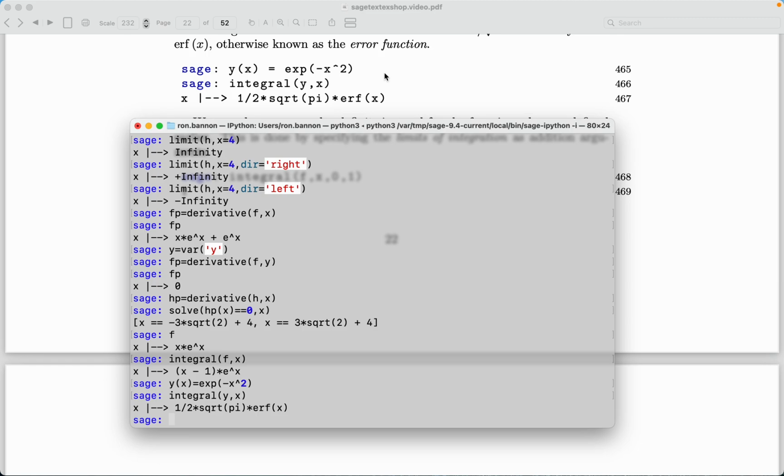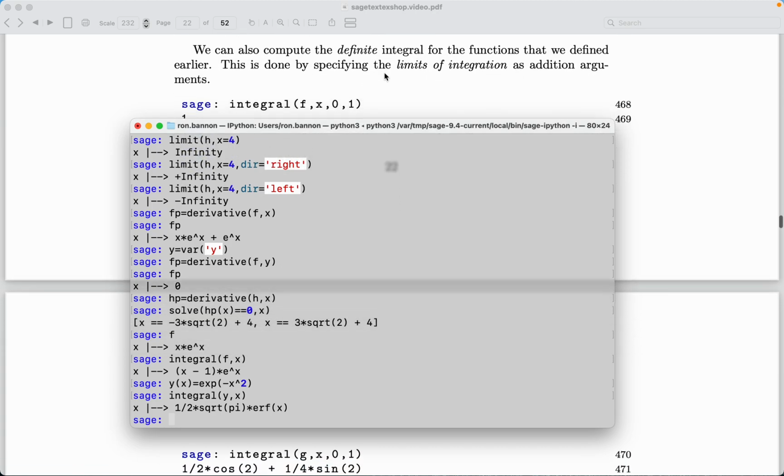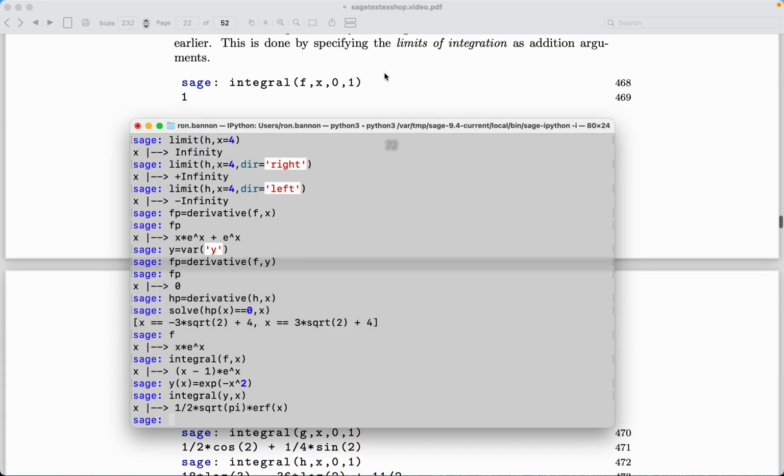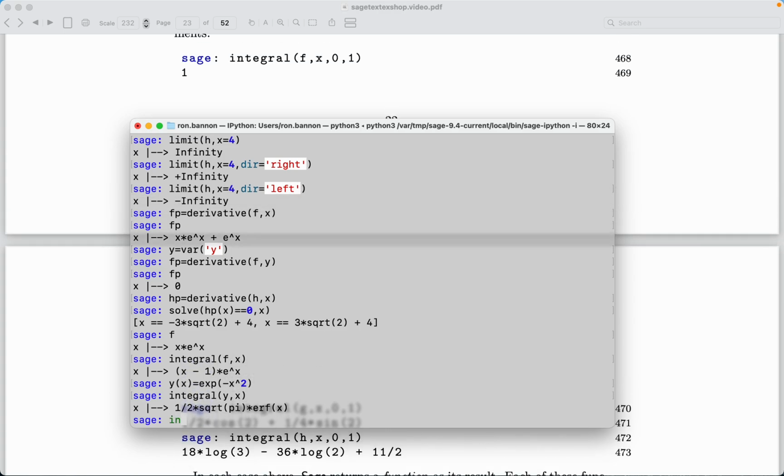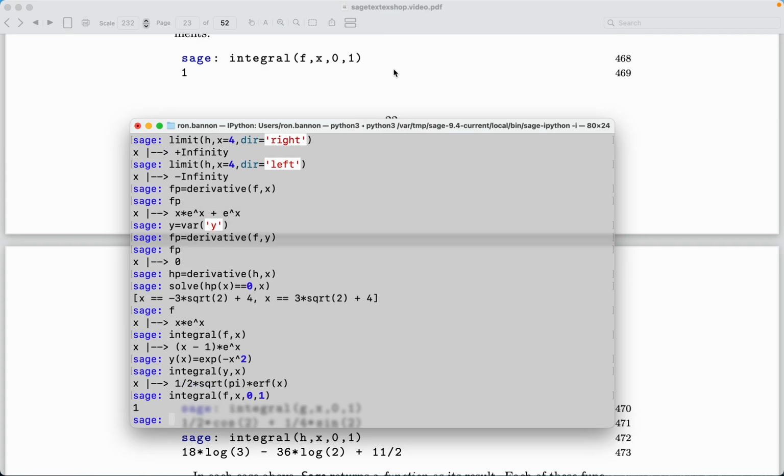That's an integral that probably your calculus teacher is telling you that you can't integrate. It doesn't have an elementary antiderivative, by the way. Here's a definite integral. So we're going to integrate f with respect to x on the interval from 0 to 1. And it gives me the number.